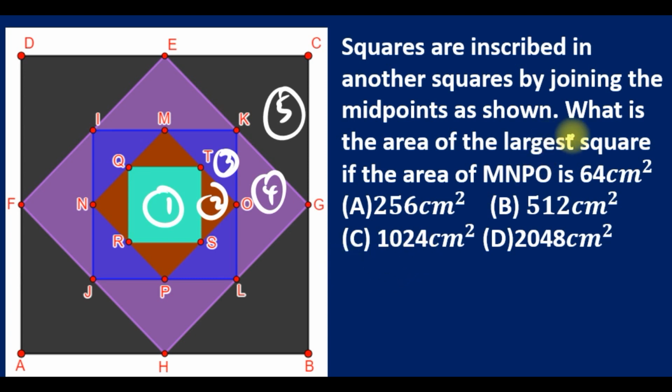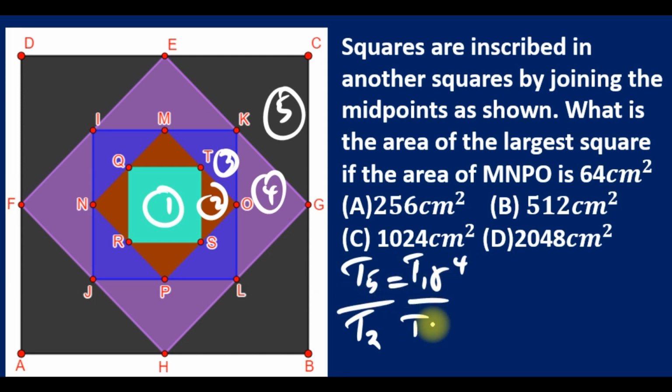So we're asked to find the area of the largest one. Since we are comparing sides, that's this largest square, T5 over T2, we have that is T1 r raised to the power 4 over T1 r, so we have r raised to the power 3.